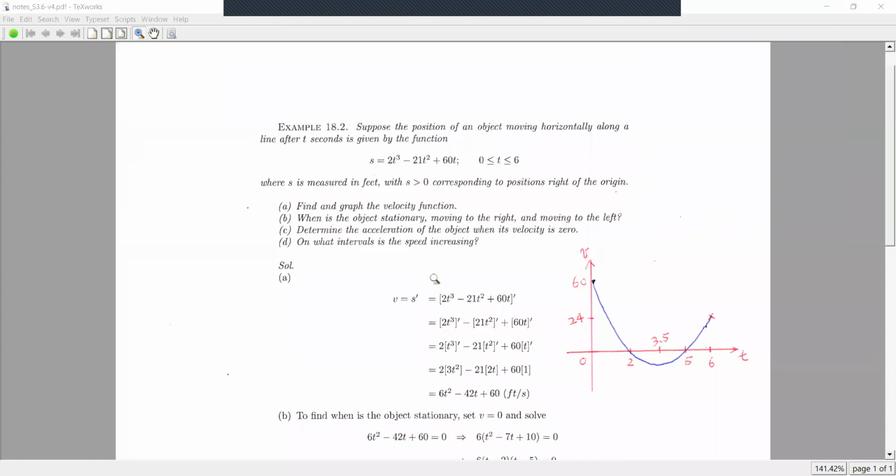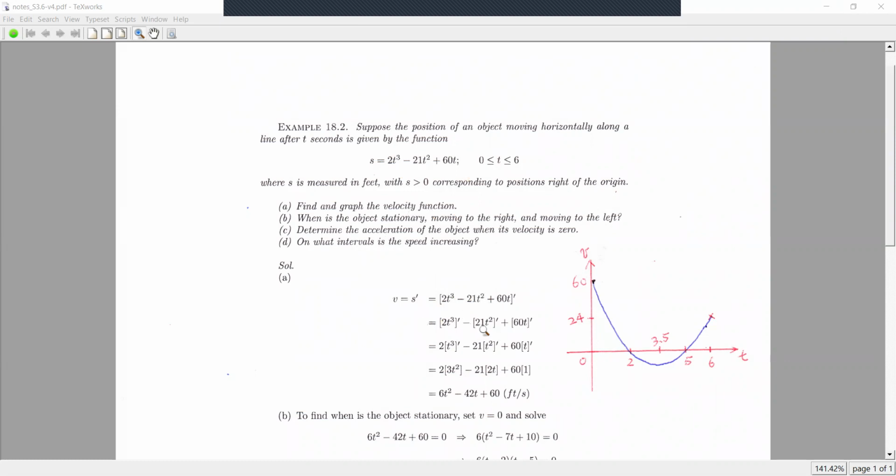By fact number 2, derivative of position is velocity. So to get the velocity function, we take the derivative of the position function. By the subtraction and summation rules of derivatives, we have this equation.